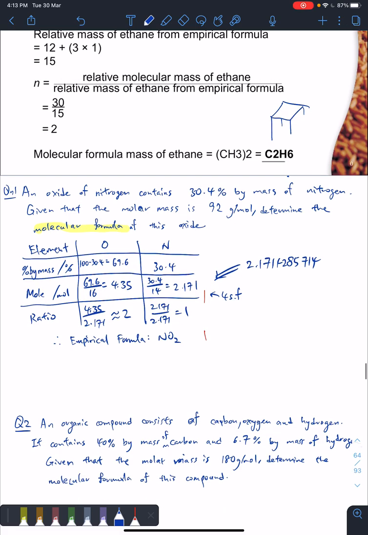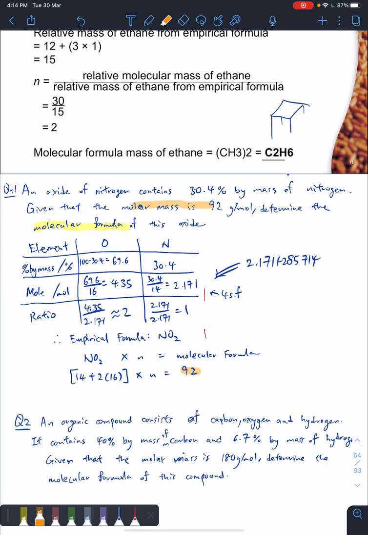Then continue to find the molecular formula. Remember, it's a multiple. So NO2 times n equal to the molecular formula that we do not know. N is 14, O is 16, so 2 times 16 plus 14 gives 46, times n equal to 92. This 92 comes from the molar mass, which is typically given.